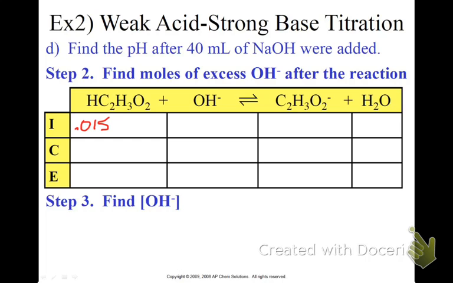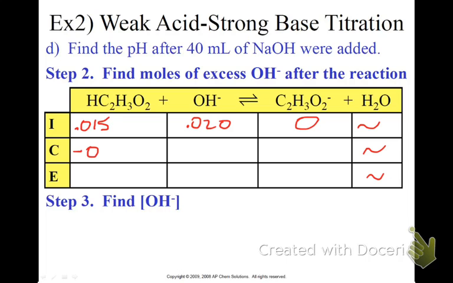0.015 moles of acetic acid and 0.020 moles of hydroxide. We're starting with 0 of the acetate ion, not concerned with water. So now if we take a look at these two numbers, our limiting reagent now is going to be the acetic acid, because we've passed the equivalence point, so we're going to have an excess of hydroxide.